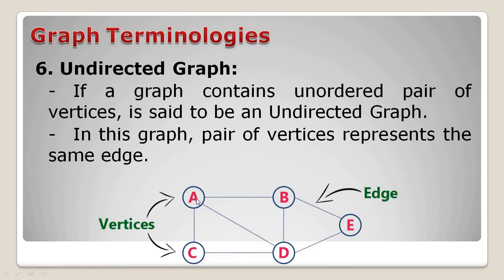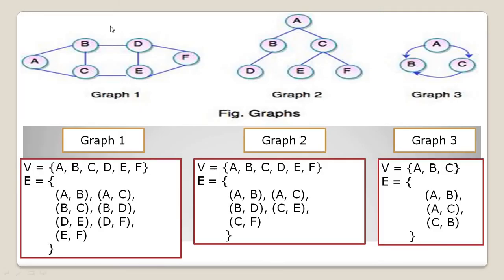It means that from A to B we have an edge, but we are not providing any kind of direction here. That is what we call bidirectional. Or we have the edge between B and E, or D and E. For these edges we don't have any kind of direction. So in that case, this particular graph we call an undirected graph. This is one simple example of the undirected graph.